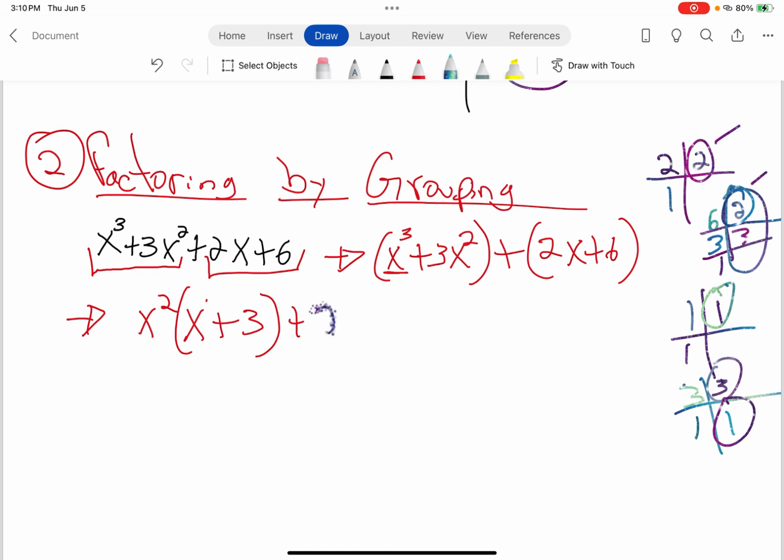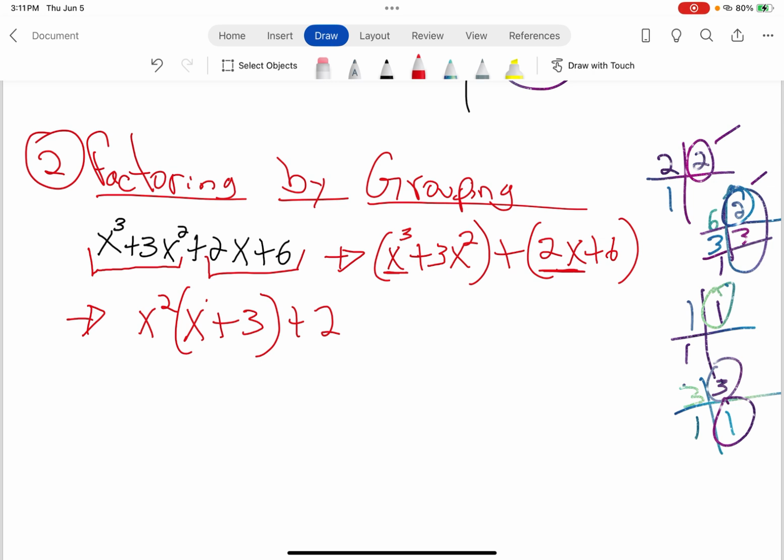So I got 2. And now I need to look for the greatest common factor in terms of variables. In terms of variable, here I have 2x, and then plus 6. The 6 doesn't have a variable. You just have to keep the 2, use the number.